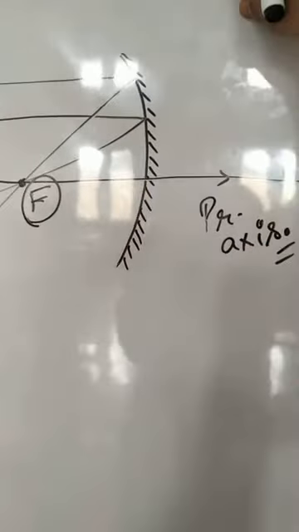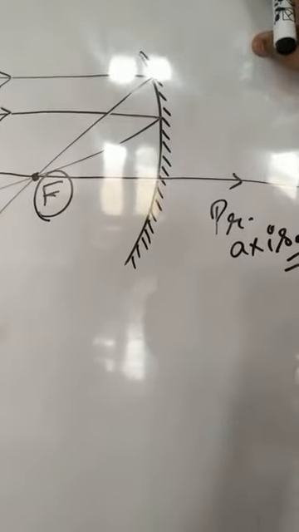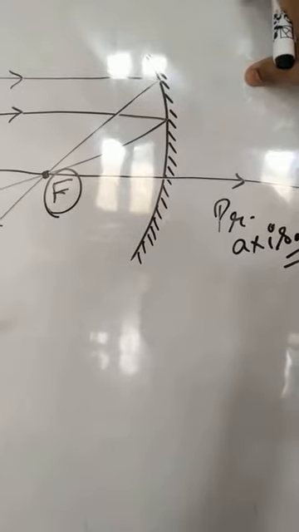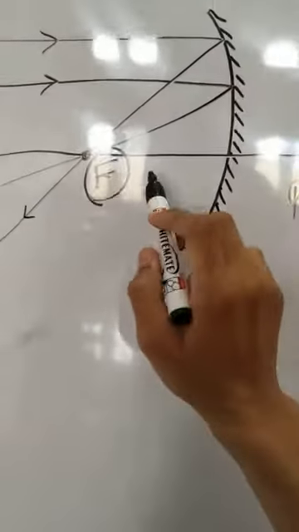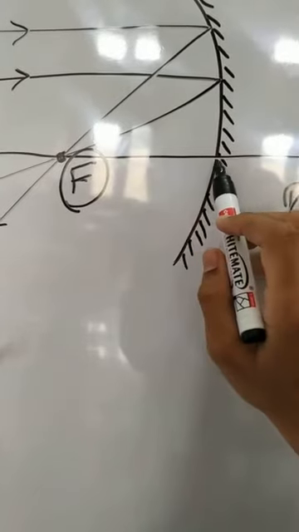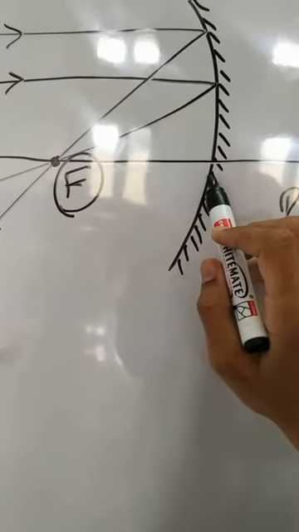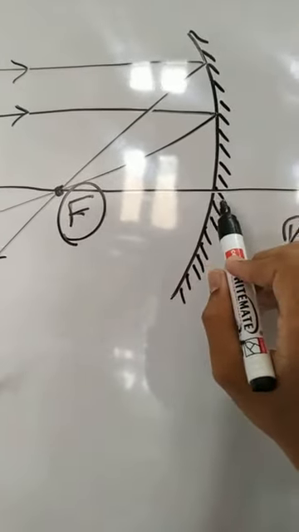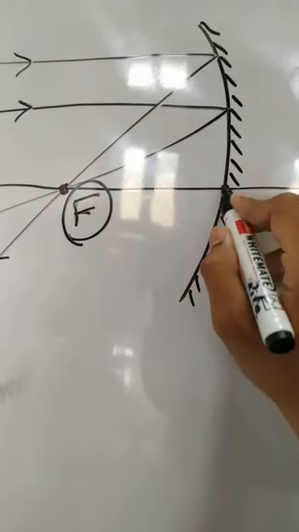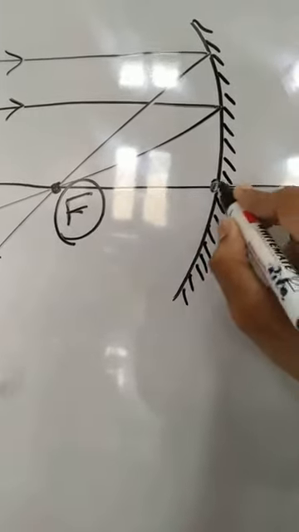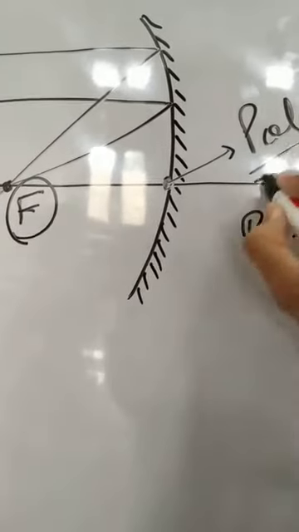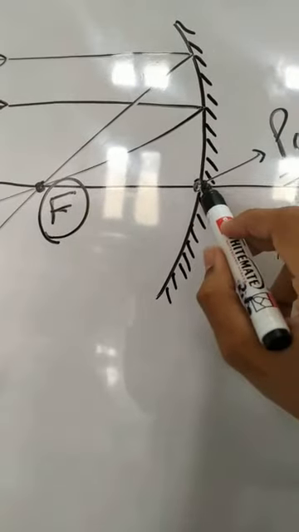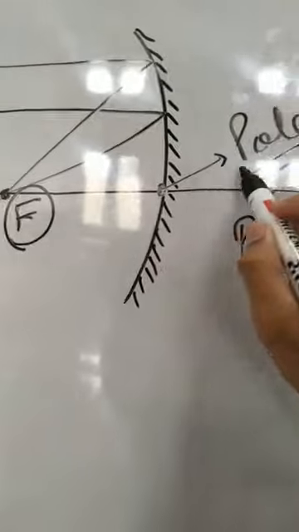The point at which the principal axis meets the reflecting surface of the mirror is known as the pole. This point is known as the pole.